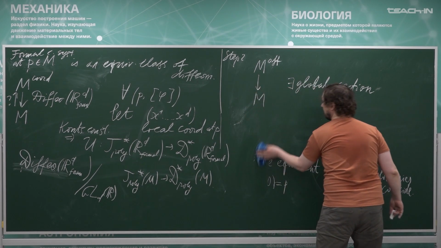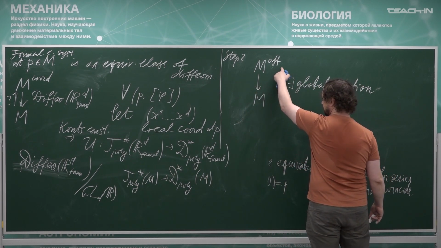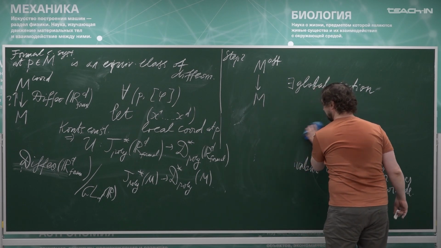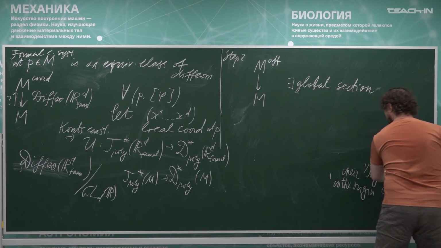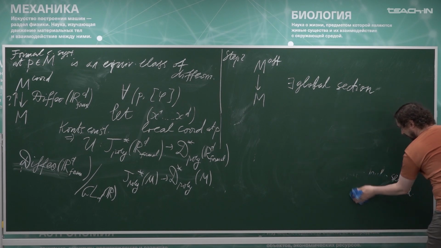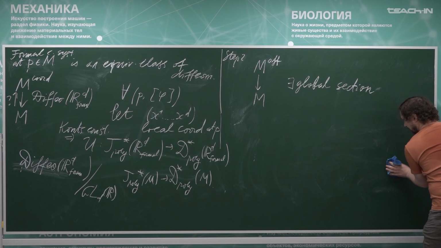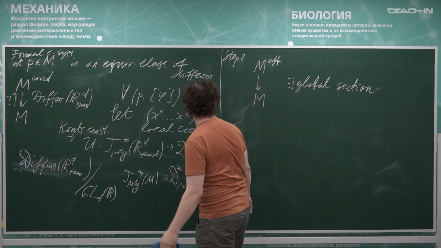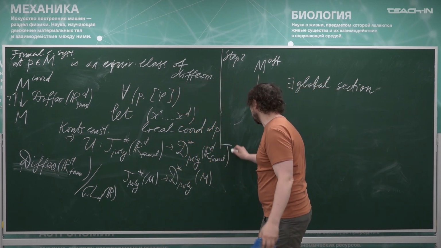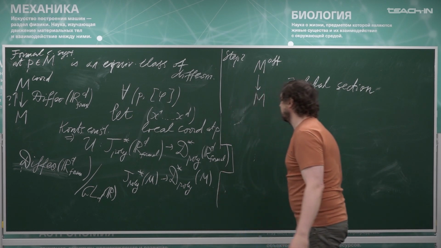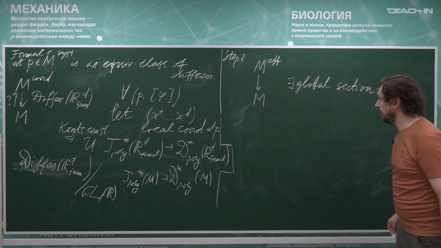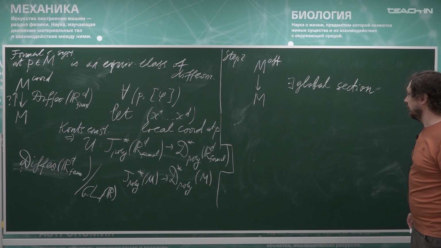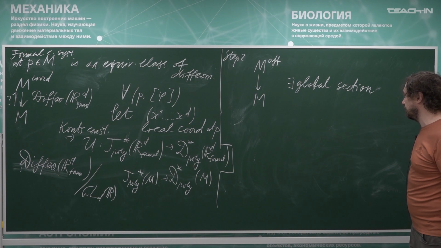So now we have this formality morphism at every fiber here, and we have the global section, and we use this global section to pull down the formality morphisms from here to here. And that's actually how Kontsevich himself explained the globalization of his formality theorem. Of course, this is pretty sketchy.